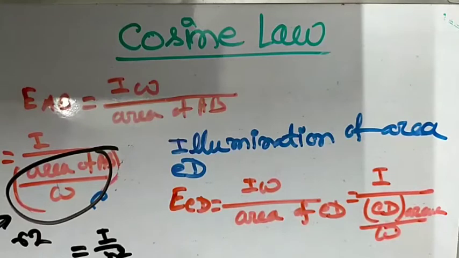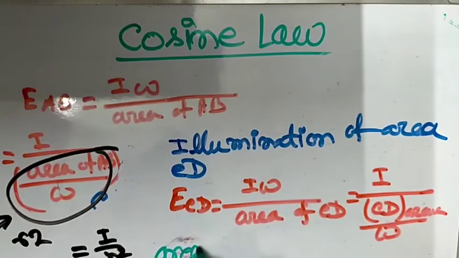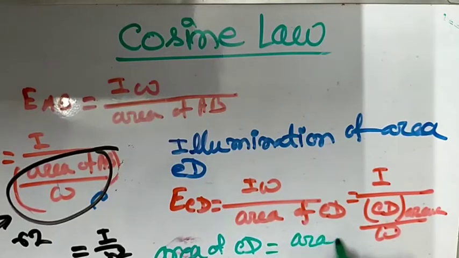The area of CD is equal to the area of AB by cos theta.